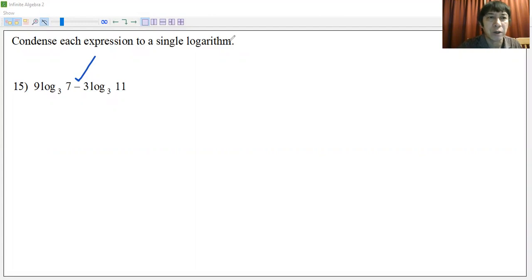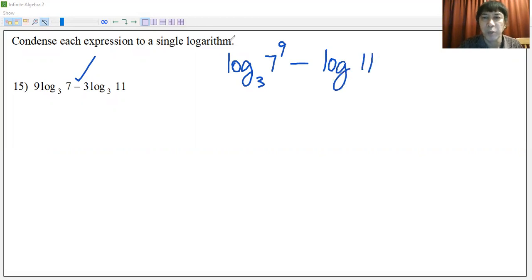So that means we can write this as logarithm of 7 to the 9, base 3. That's for the first term. Then we continue with the minus logarithm of 11 base 3, and this is also base 3 there.